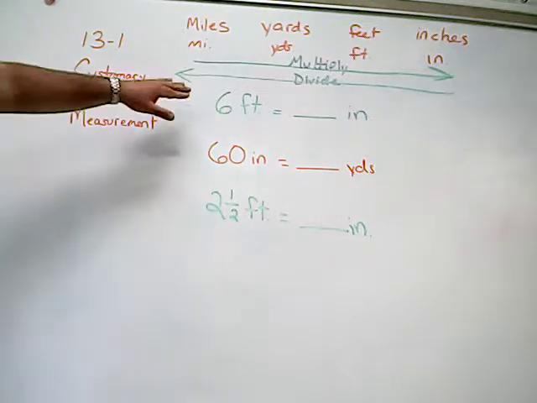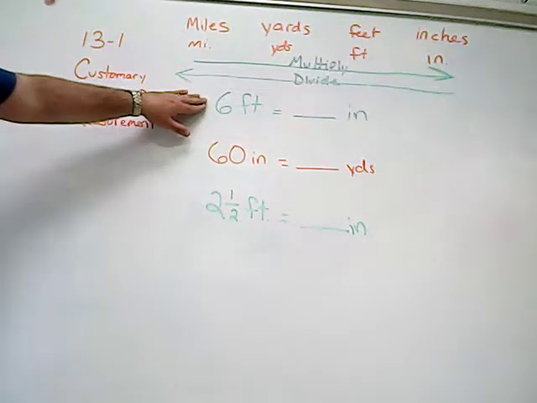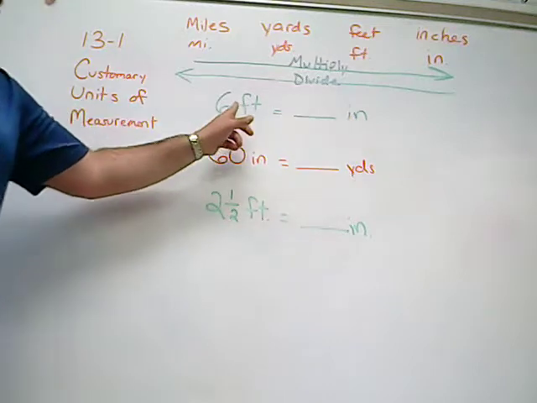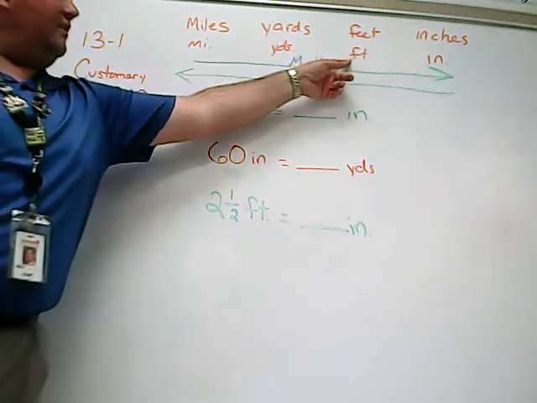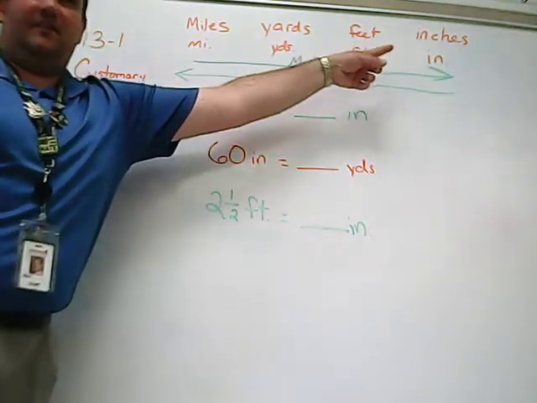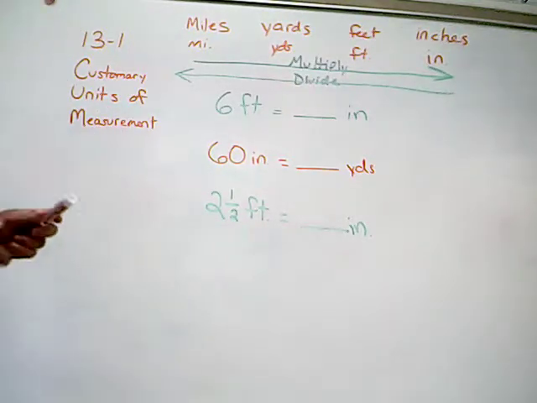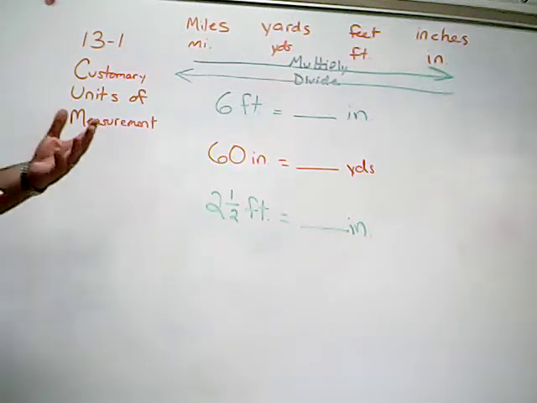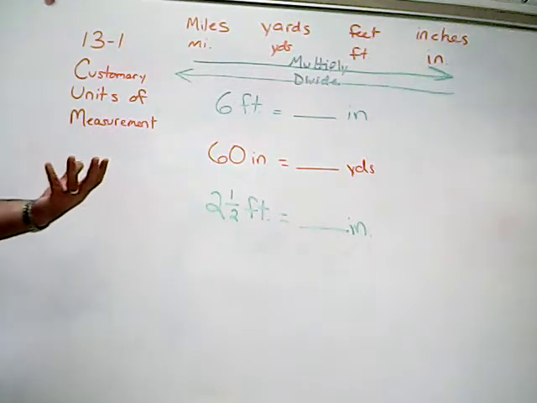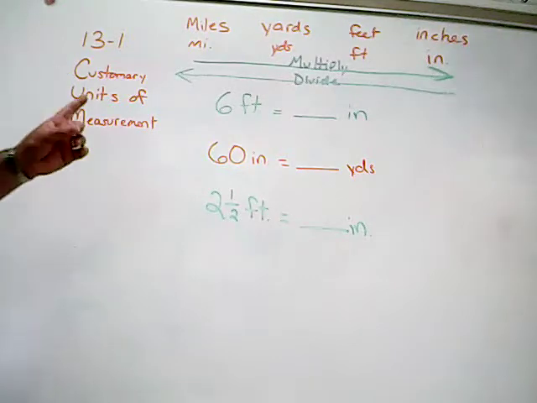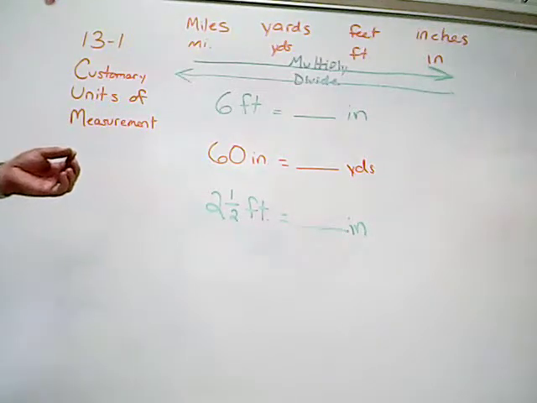So, what I have here is the first example. I want to know how many inches are in 6 feet. Well, here's feet, and I'm moving to the right to get to inches. So I know that I'm going to multiply, and I know from using my chart or my knowledge that in 1 foot I have 12 inches.